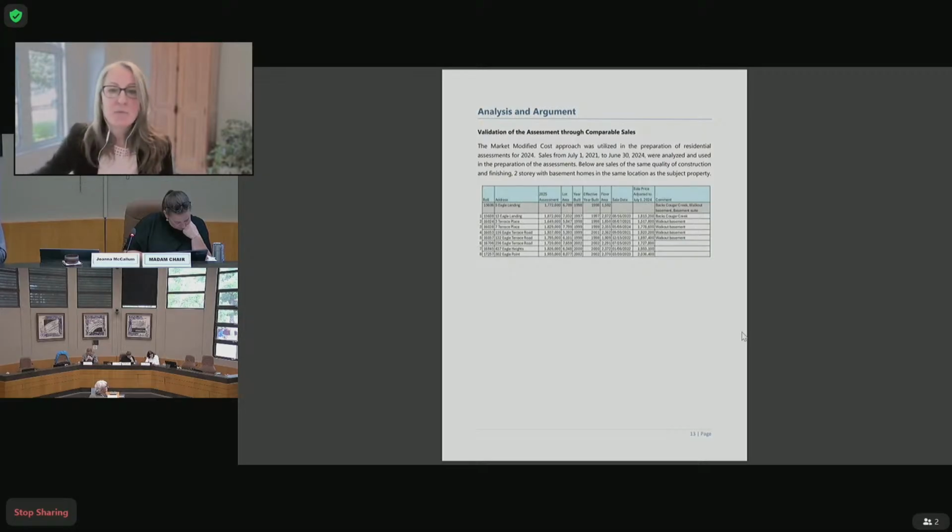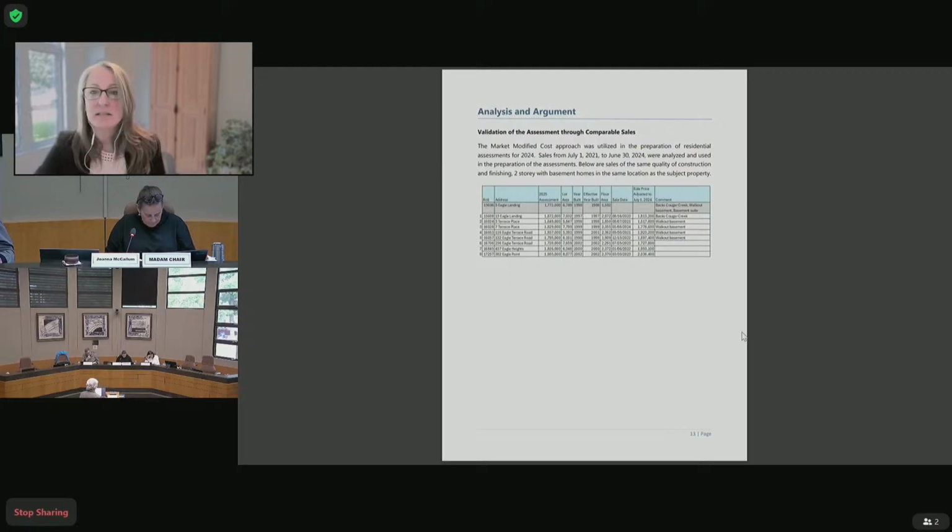So these comparable properties share key characteristics with the subject, such as being two-story detached homes with basement, built in the late 1990s to early 2000s. Several of them have walkout basements, which is identified on the chart that I've provided. The walkout basement doesn't necessarily appear on the ratepayer reports.